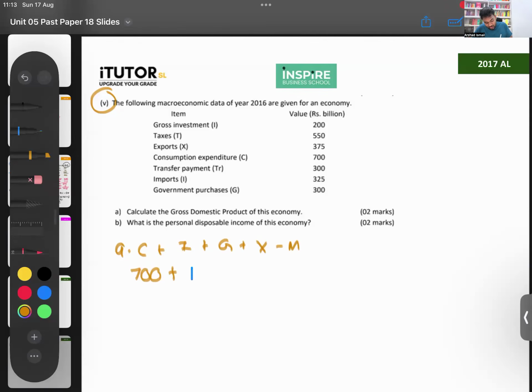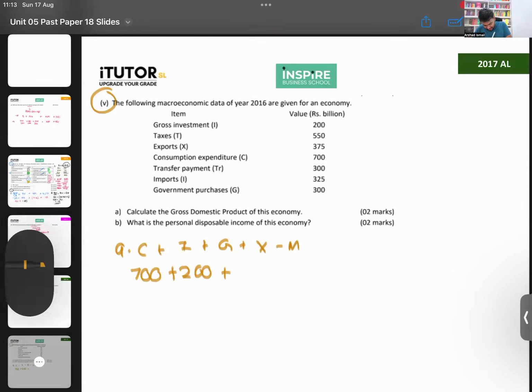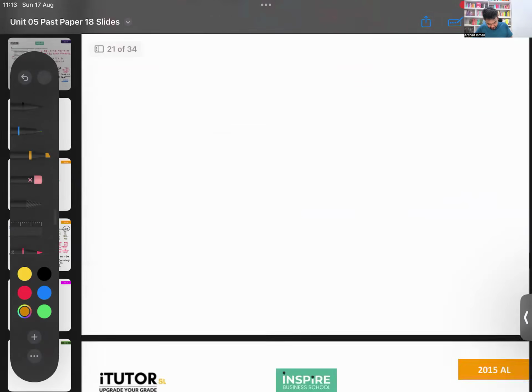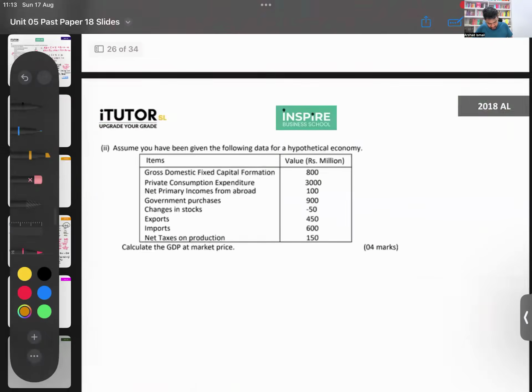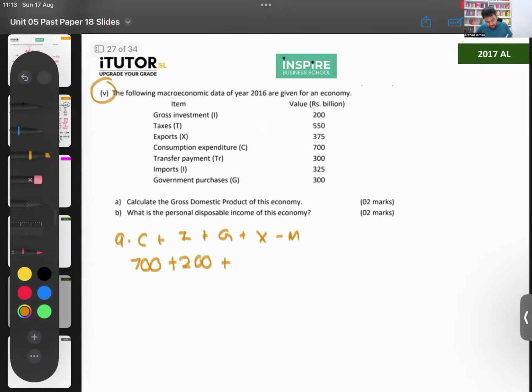Investment is 200. Government spending is 300. Exports are 375. Imports are 325. How much do we get? 1,250.